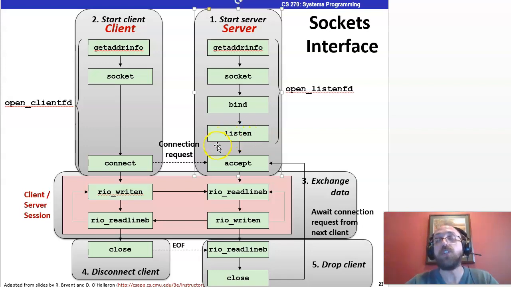When a connection does come in, the server will be notified about that and can call the accept system call, which accepts the connection from the client. Now that's going to give us a separate file descriptor because we still want to be able to listen for more connections to come in while we're handling this client. How we do that, we'll talk about later. That might be with multiple processes.